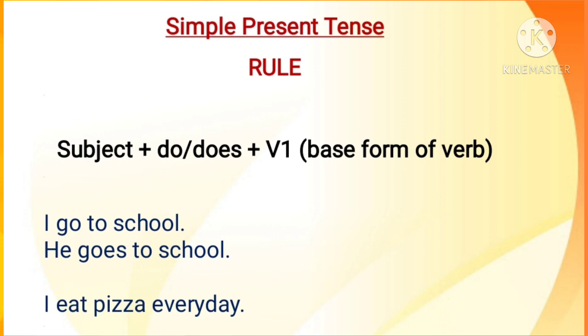So, to form a sentence in simple present tense, you have to follow this rule, that is subject plus do or does plus V1, that is the base form of the verb. In the first sentence, the base form of the verb is go. In the second sentence, the base form of the verb is goes. And in the third sentence, the base form of the verb is eat.